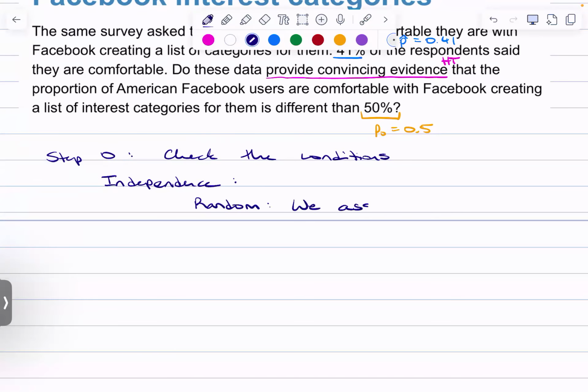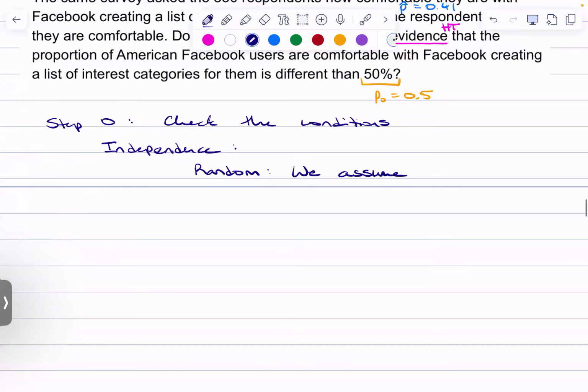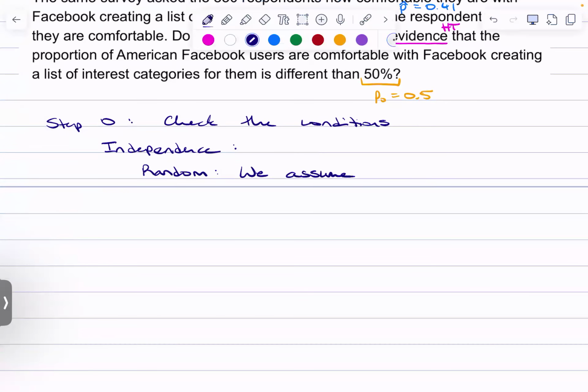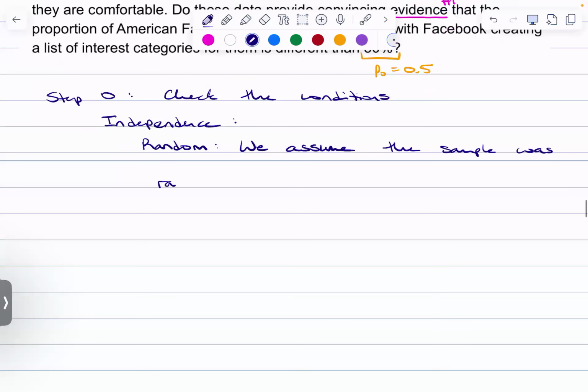Which is why sometimes I call it check the assumptions instead of check the conditions.